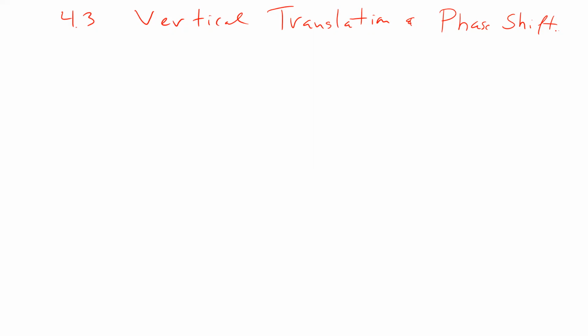4.3 is where we're at. We are putting the last few touches. So let's see. 4.1 was the intro to all this good stuff. 4.2 was just sine and cosine, and we started manipulating things, right? We manipulated the vertical stuff. We started stretching it vertically, or making it shrink vertically.